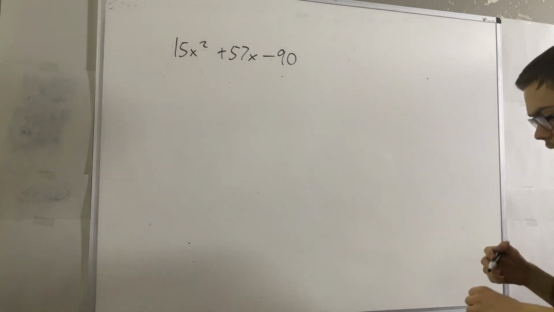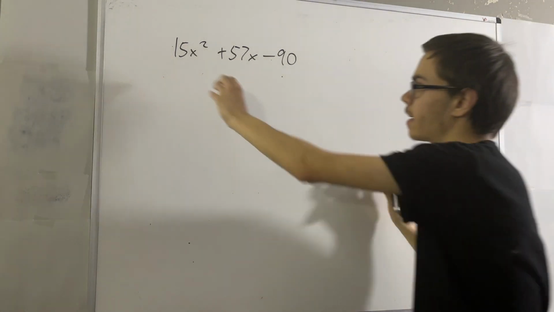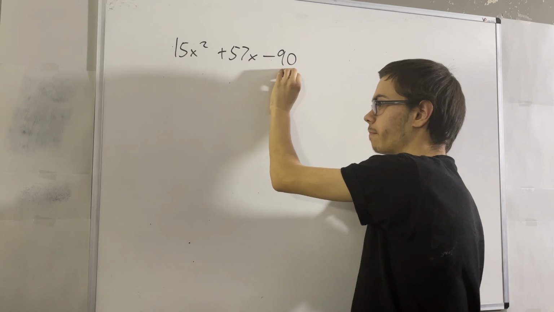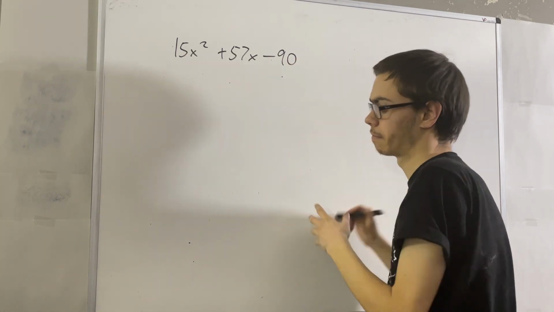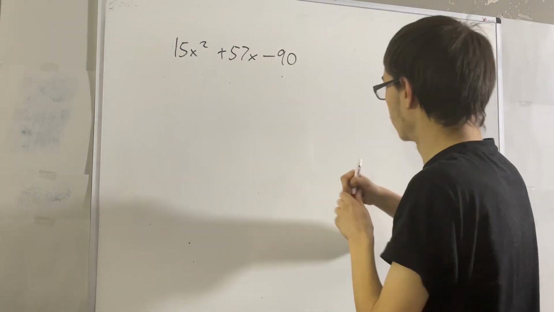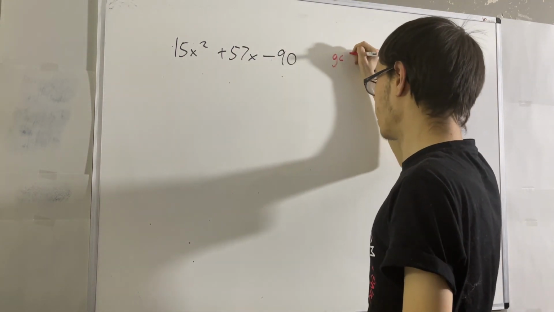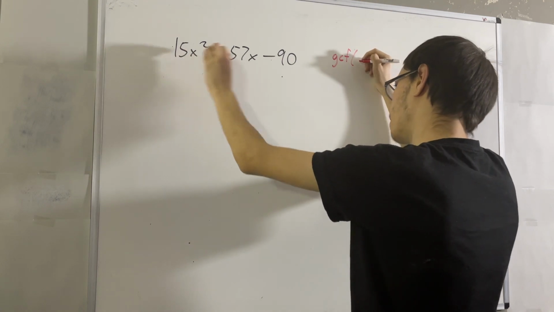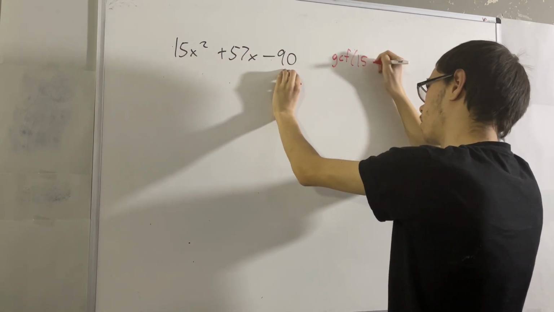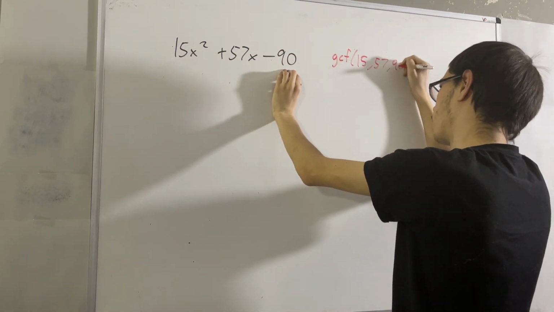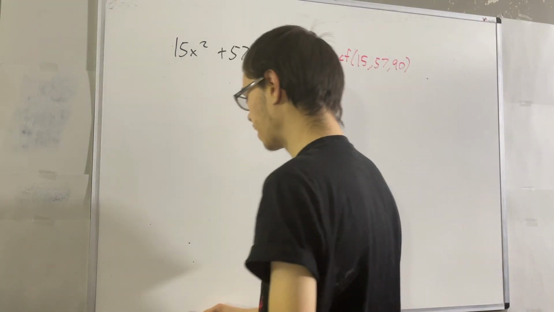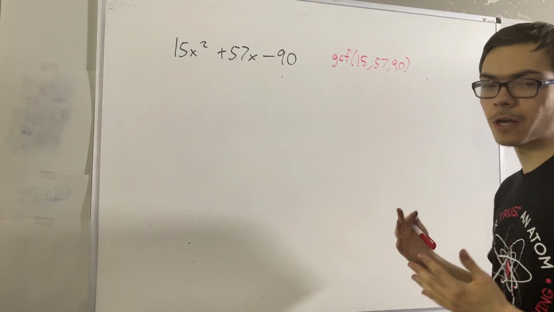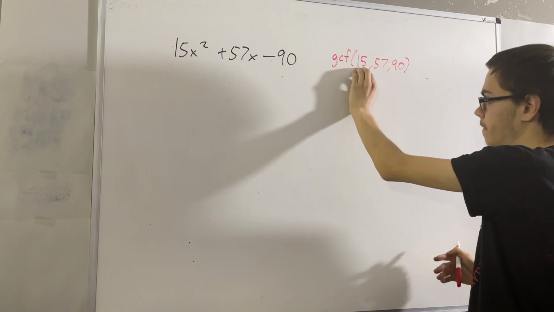Well, in this case, since it's in the form of ax squared plus bx plus c, we want to determine, is there a greatest common factor that we can pull out immediately? So in other words, we're trying to consider what is the greatest common factor of 15, 57, and 90. Well, again, the largest possible value for the greatest common factor is 15.